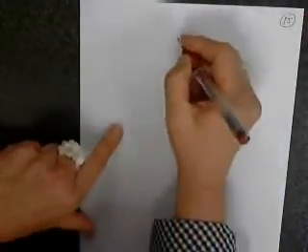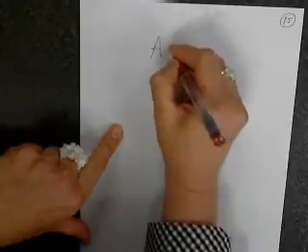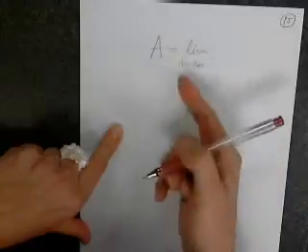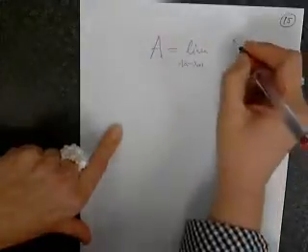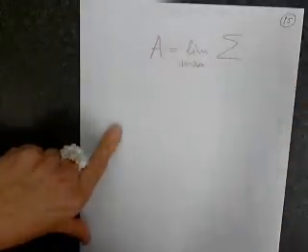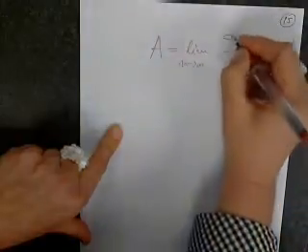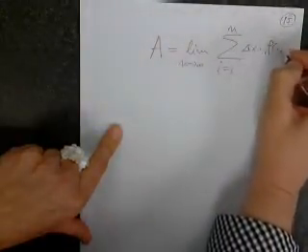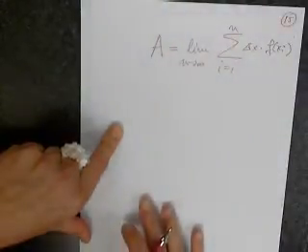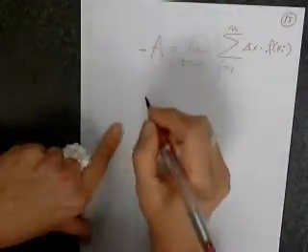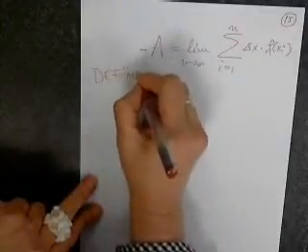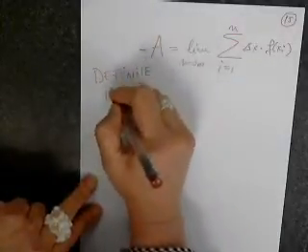So we know now that the area is the limit as n approaches infinity, the number of subintervals approaches infinity, of the sum of all the areas from i equals 1 through n, delta x times f of x i. And this is the same thing as what is called a definite integral.